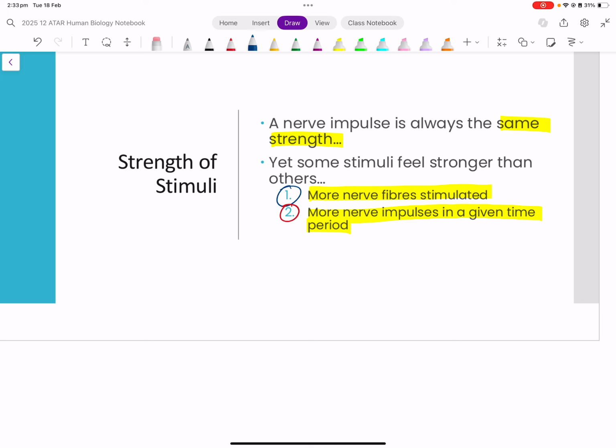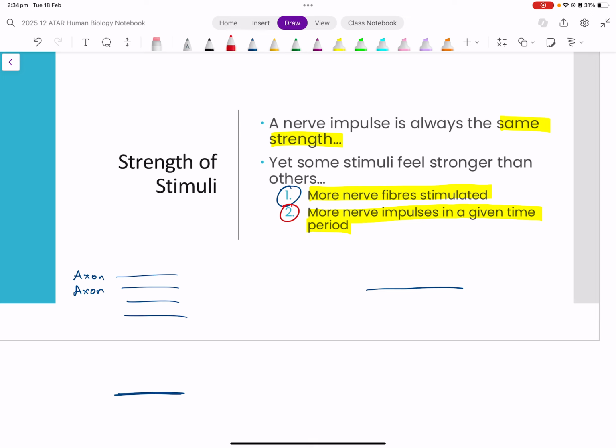In one, we can have more nerve fibers. Each of these lines represents an axon, so each of these represents more nerve fibers being stimulated based on a given stimulus, leading to a larger response than just a single stimulus. Secondly, we can have one nerve fiber.